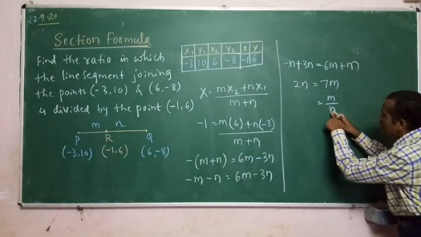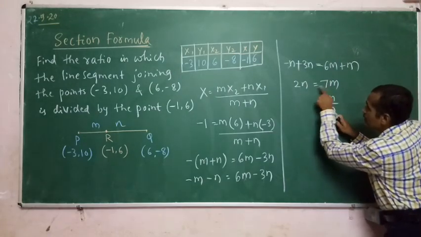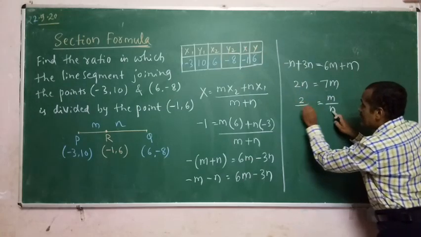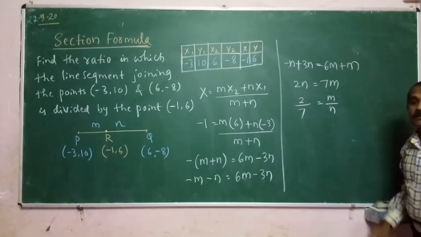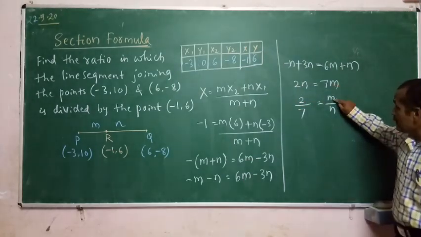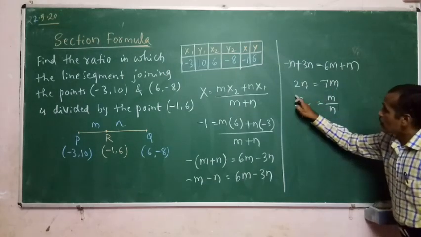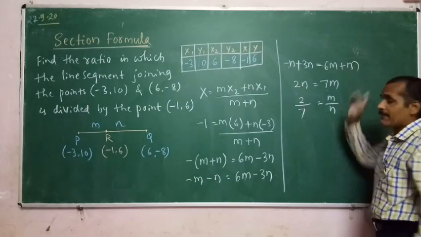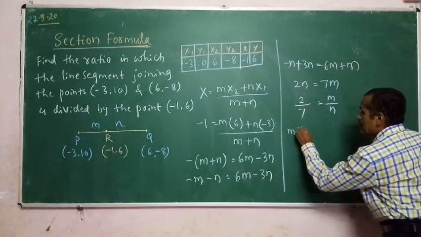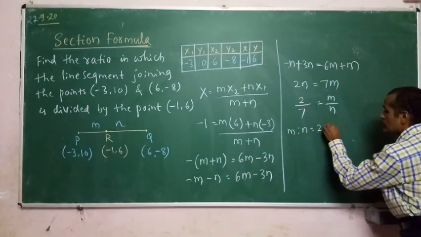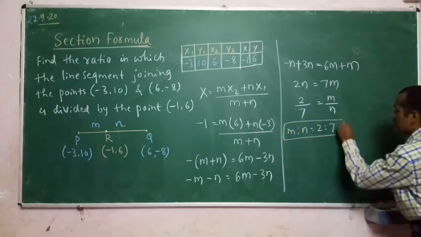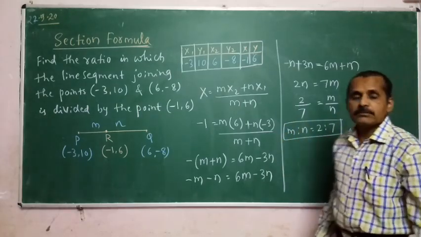Then this 2 will remain as it is, divided by 7. When n is brought here, it should be cross multiplied. The answer is 2 by 7. So I can say m is to n is equal to 2 is to 7. That is the end of the problem.